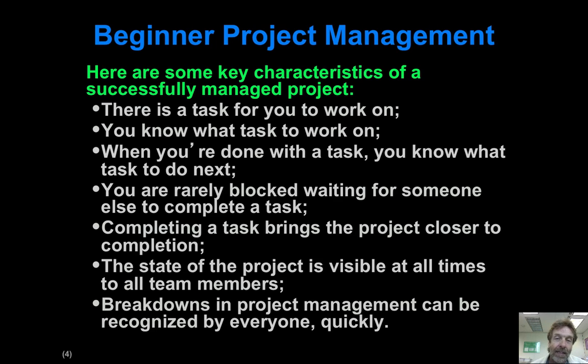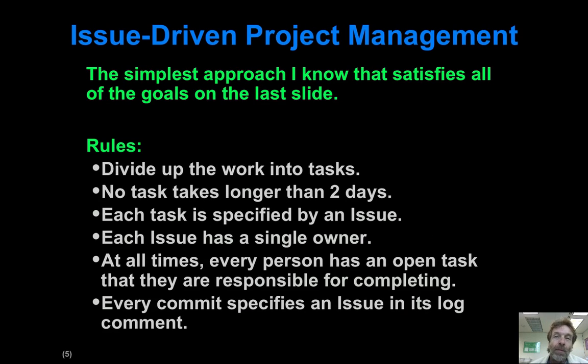So what I'm going to claim, and I don't think this is controversial, is that if these things are all true, then the project's being managed reasonably well. Okay? So the question is, well, how do we get there? And so what I'm going to propose to you to try out this semester is this thing called issue-driven project management, which in my experience is the simplest possible way that you can attempt to succeed and achieve all of those goals that I mentioned on the last slide.